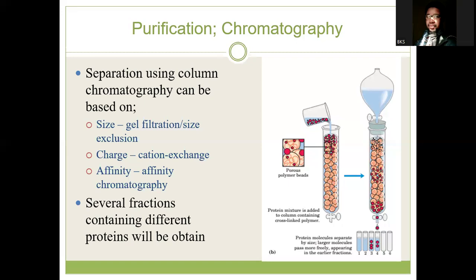As you are collecting the fractions, you will say, after so many minutes, I will collect this fraction in the first test tube, after so many minutes, the next fraction, like this. After you finish, you can check each of these test tubes for the activity of your enzyme, to see which one has the activity of your enzyme, if it is an enzyme.